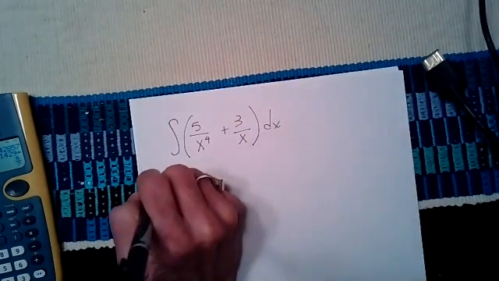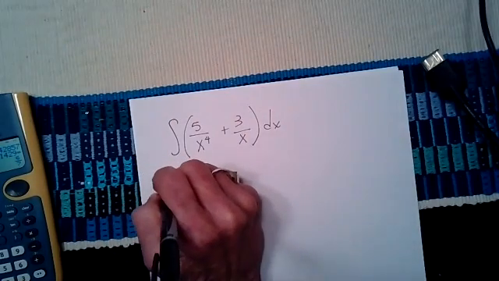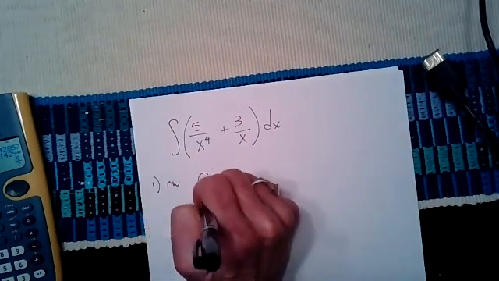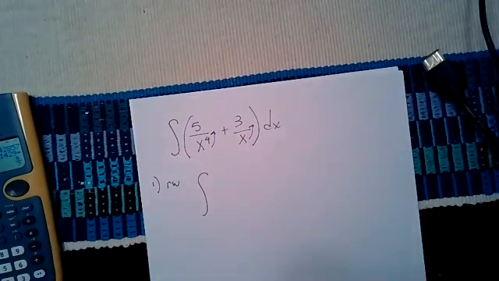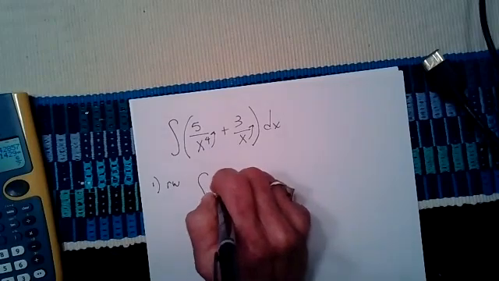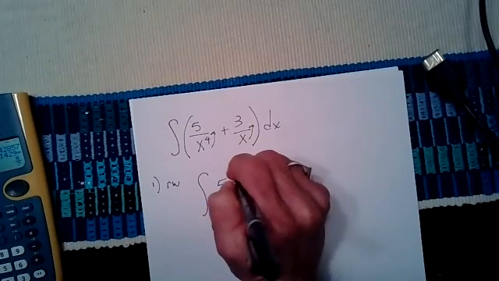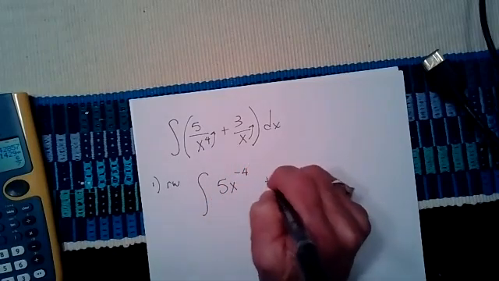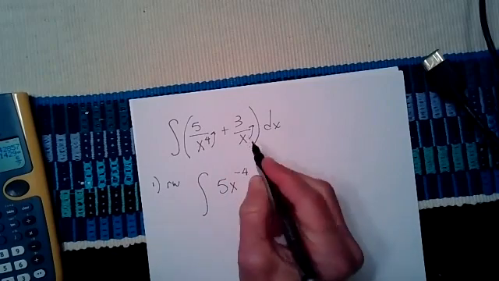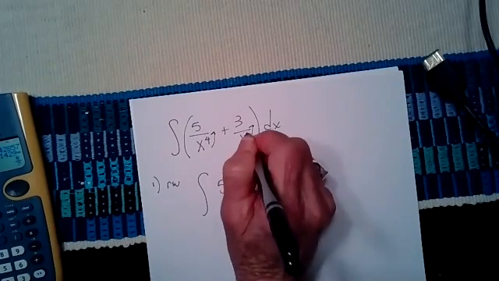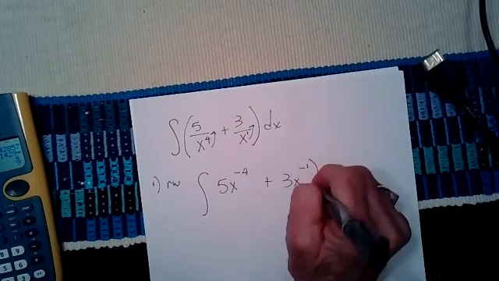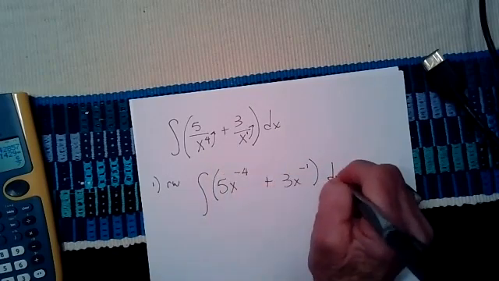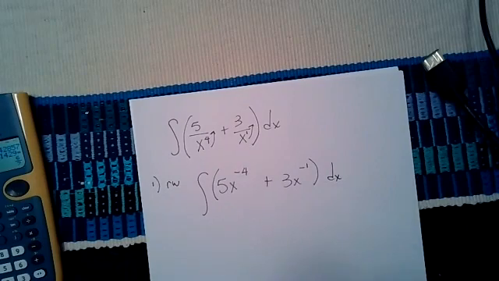The first thing I'm going to do is rewrite. I'm going to move this x to the 4th up, and I'm going to move this x up. So that's going to be 5x to the -4 plus 3x. And if there's no exponent on that x, it's understood to be 1, right? So when I move it up, it becomes -1. So now we're ready to apply the rules.